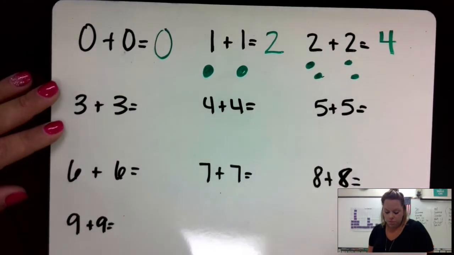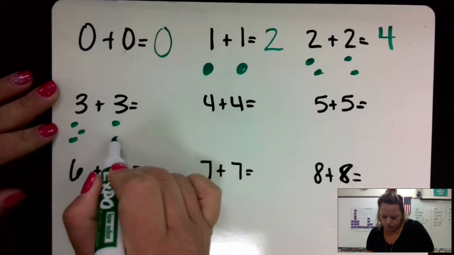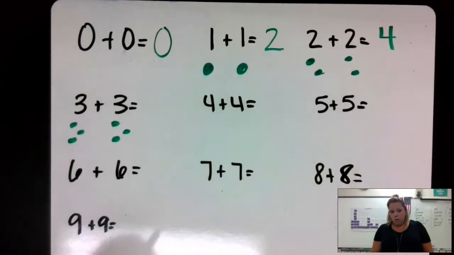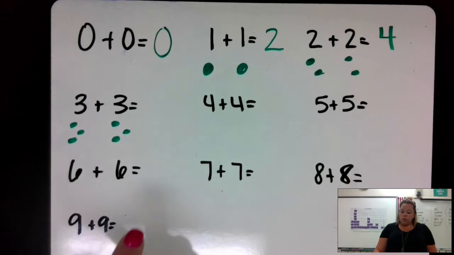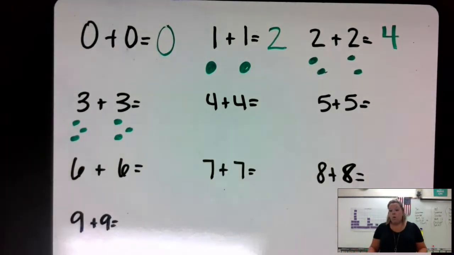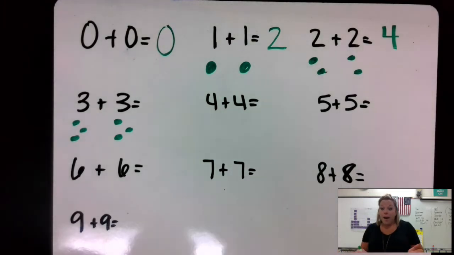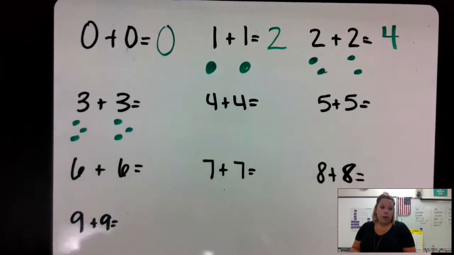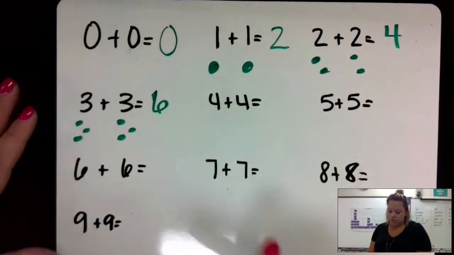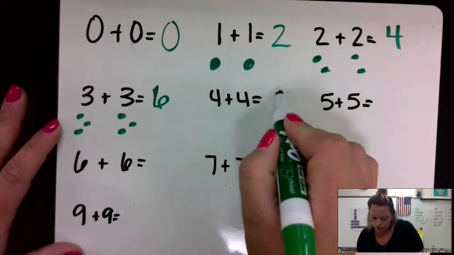3 plus 3? If you ever need to, you're always welcome to use manipulatives or linking cubes or little squares or grab some pennies or whatever you have around to help you with your counting. 3 plus 3 is 6. 4 plus 4 is 8.